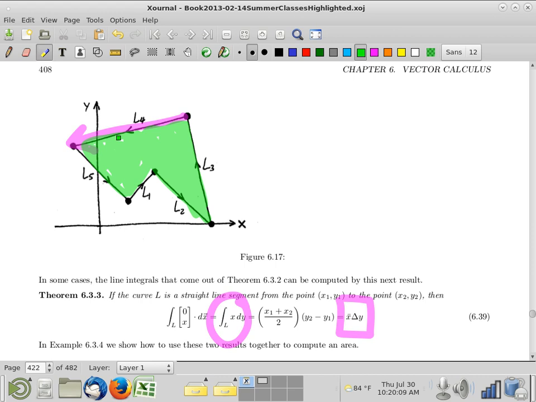Right? And well, what you can do is just one at a time compute integral x dy with that handy little formula for each one of these pieces of curve and add them up.